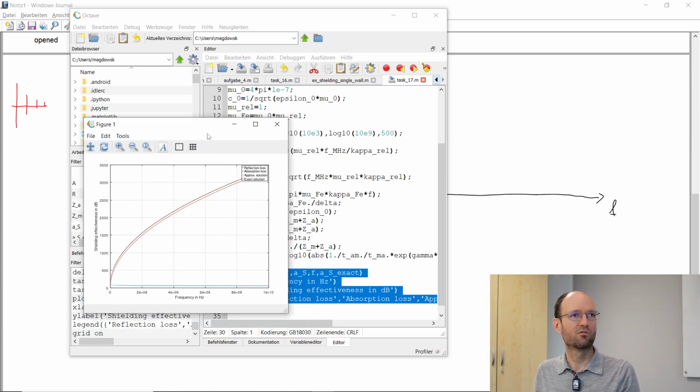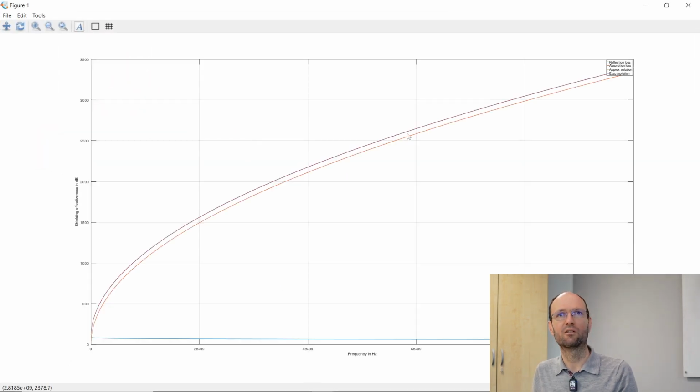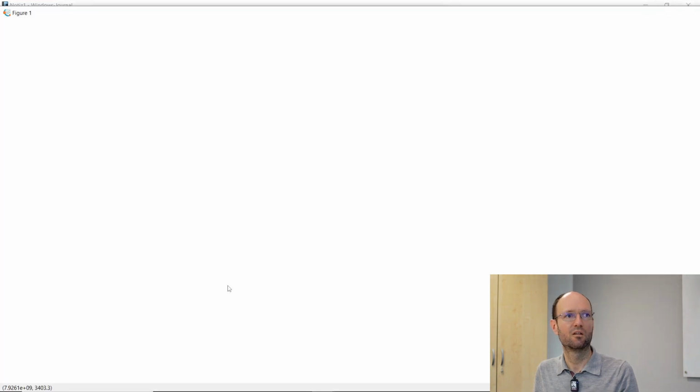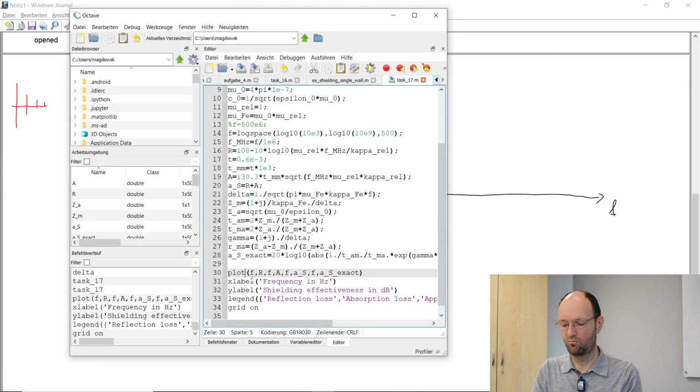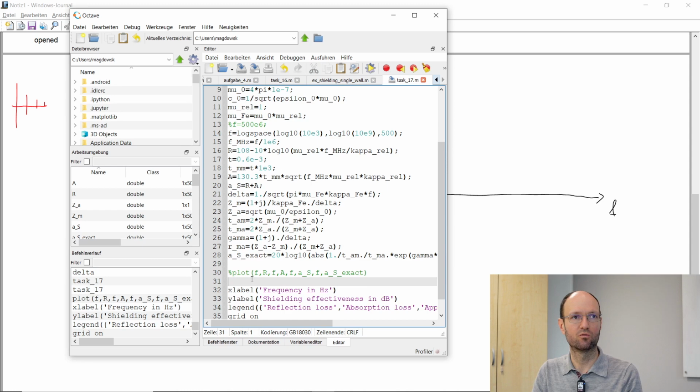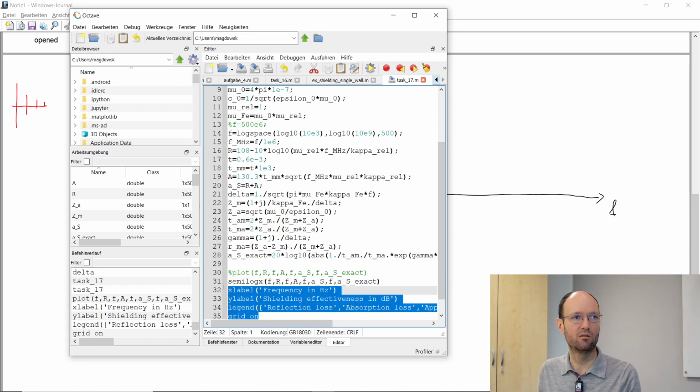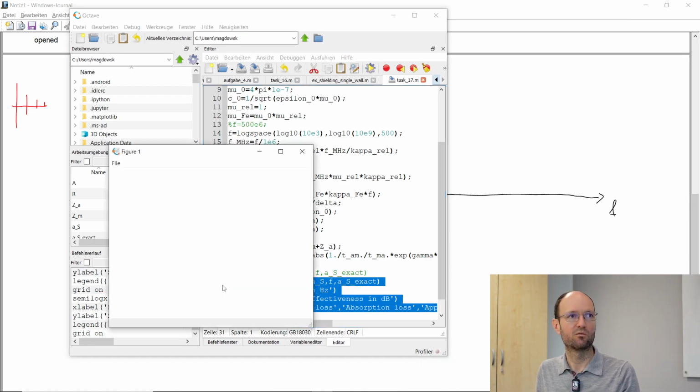Okay, does not look too bad. So let's make this a little larger. So the blue curve is the reflection loss, and we can see this is somehow going down with frequency, as we've discussed. Maybe it would be nicer to change the plot into a semi-log x plot to also scale the frequency logarithmically. So let's run this again.